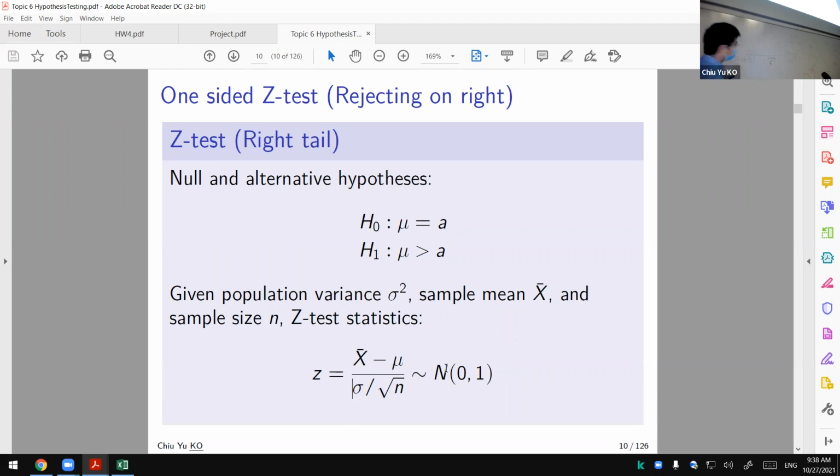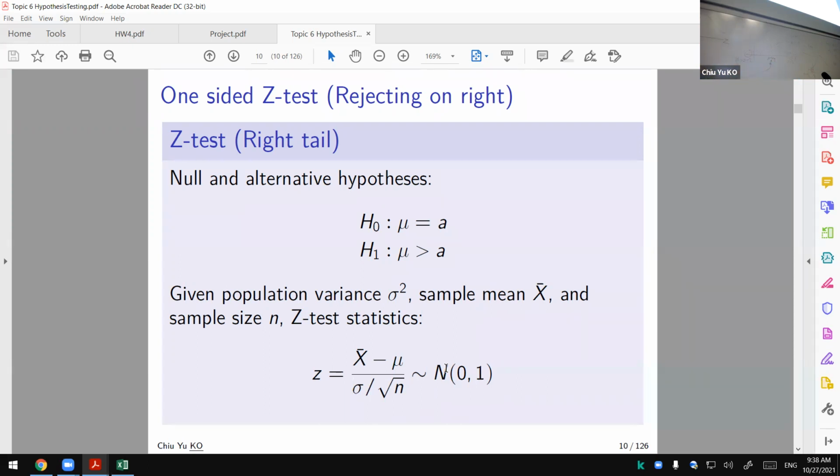So instead of looking at x bar, we're looking at A. Let me write it here. What we're doing is the z thing: this A will go to 0.